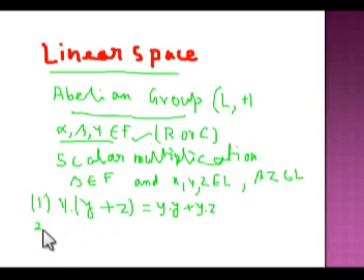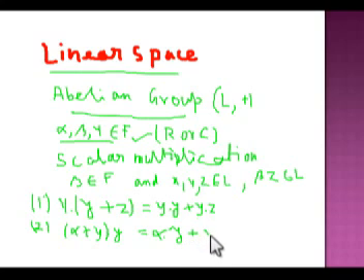The second axiom is that (alpha plus gamma) times y equals alpha y plus gamma y.